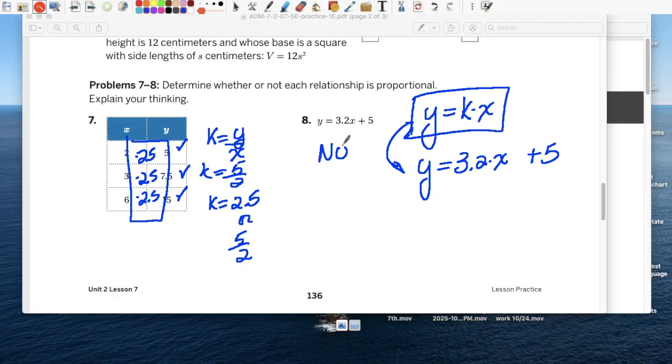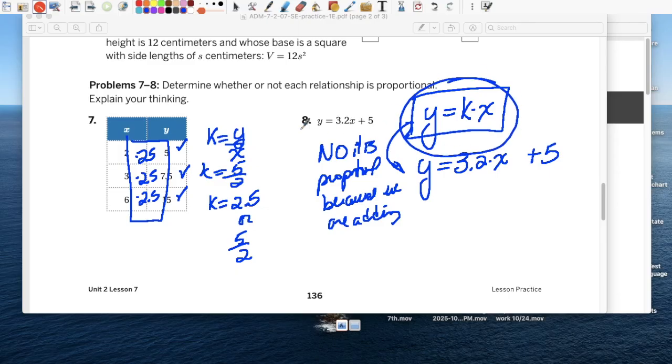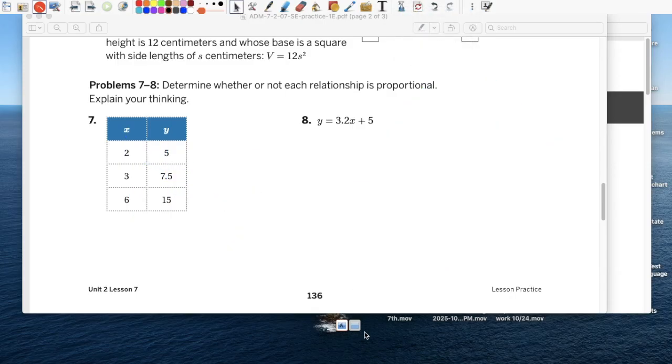So this one is not proportional, because we're adding 5. And you can tell it's not in this format. But if it was just y equals 3.2x, then that would be a proportional relationship. Okay, see, not that crazy.